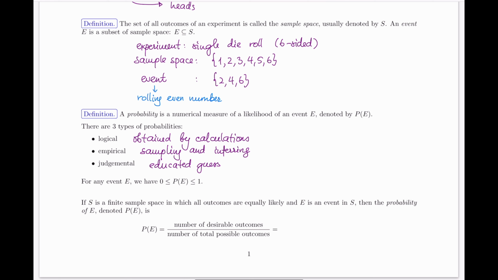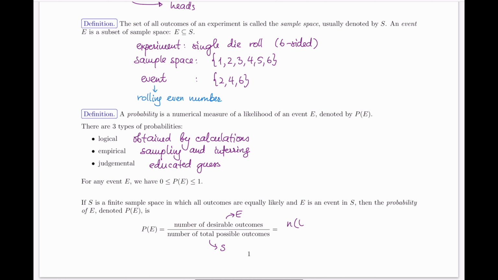Then the probability of that event, denoted P of E, is calculated using the following rule. We're going to take the number of desirable outcomes and divide it by the number of total possible outcomes. So in the set notation, the desirable outcomes are going to correspond to my event E, and the total possible outcomes are going to correspond to the set S. Now I'm talking about the number of elements in each set.